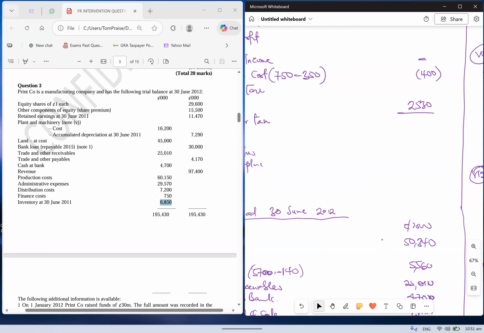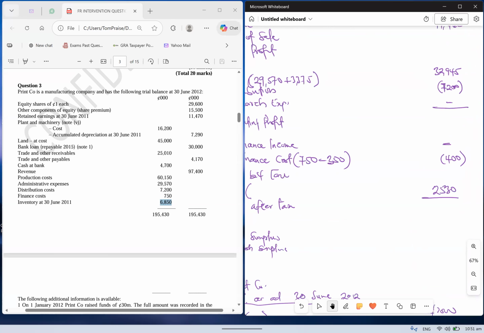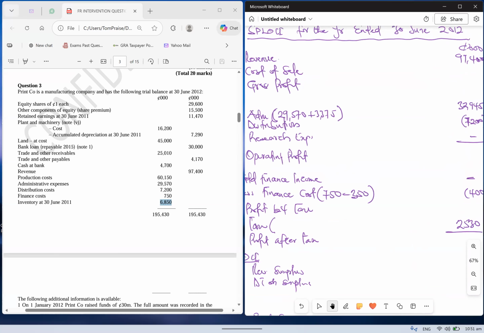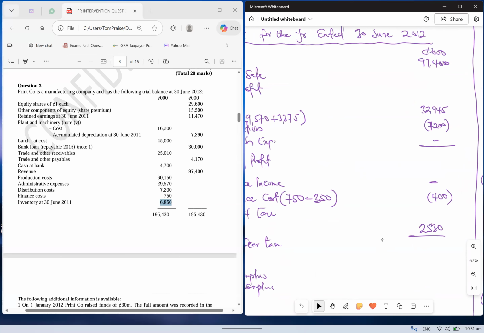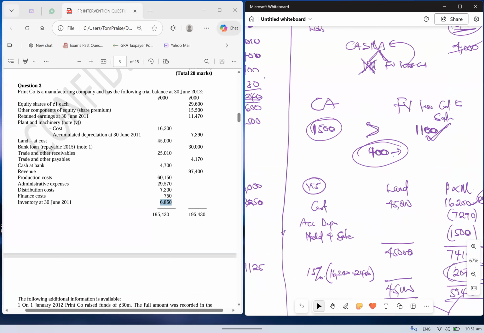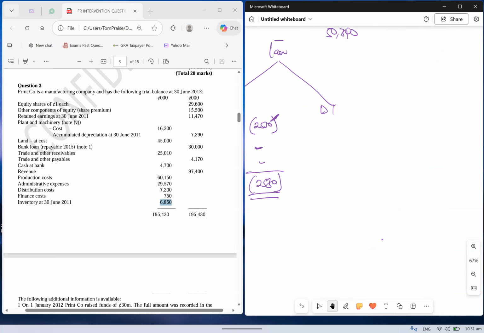So now the only thing you will be left with is cost of sales, right? Cost of sales. So let's go and do the cost of sales. That's how you work it, and everything will flow from there. So COS, how do you do it? Opening stock, right?